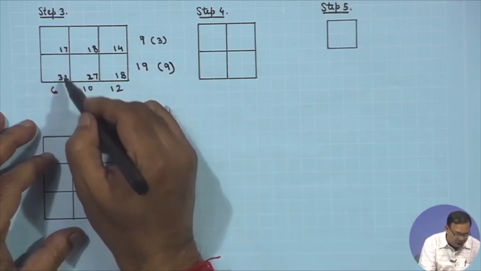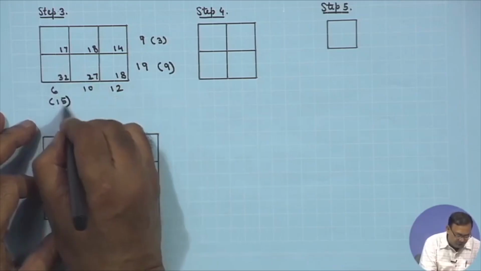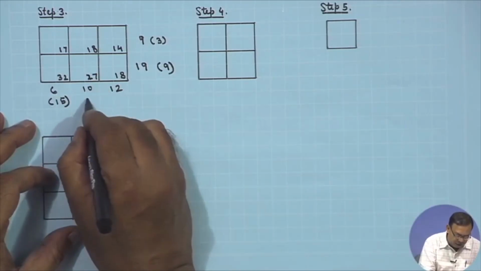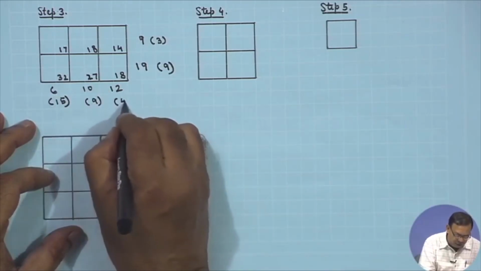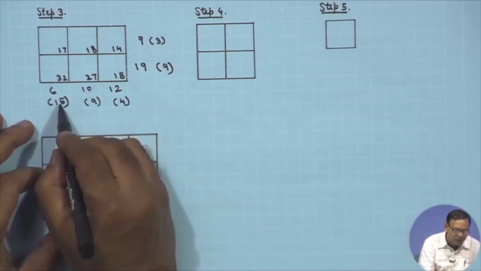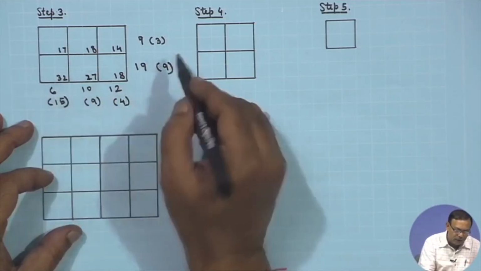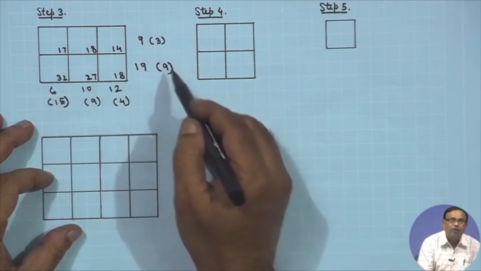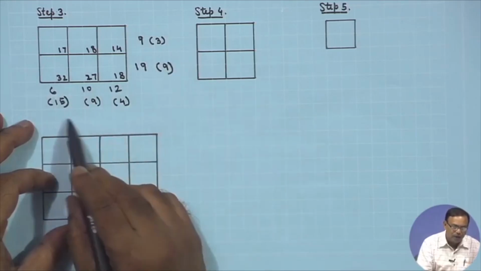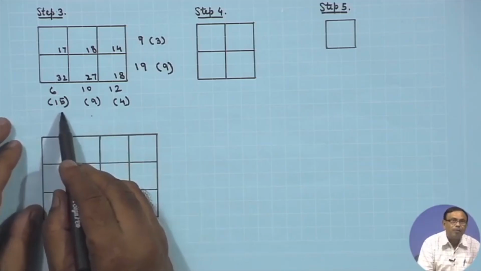Then for the columns, 17 minus 32, so this is 15, here it is 9 and for this case it is 4. So, the maximum of the differences 3, 9, 15, 9 and 4 is coming over here, that is 15.